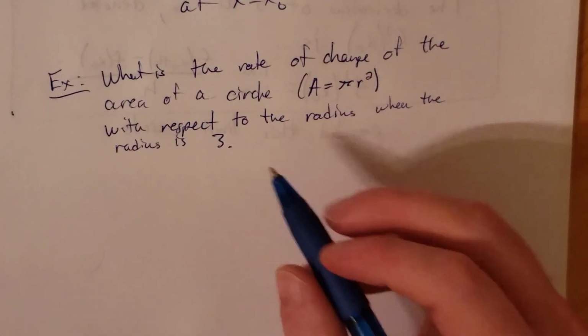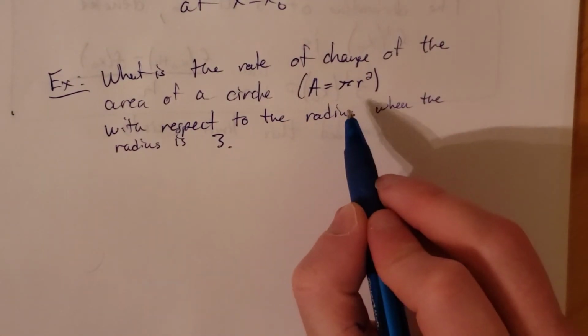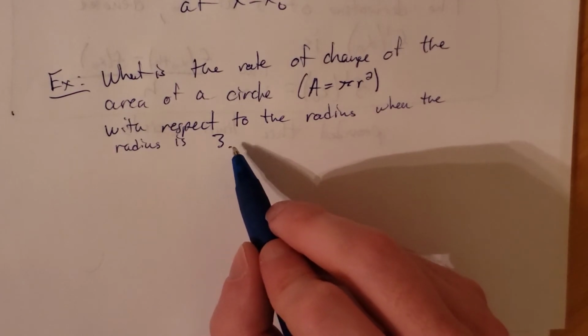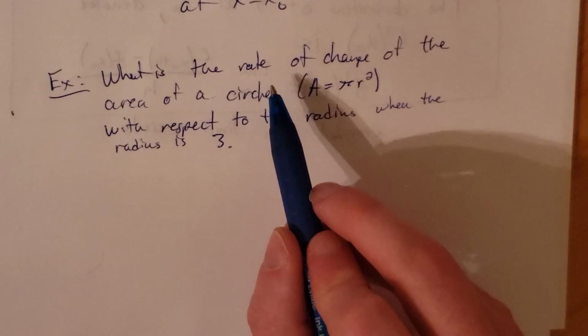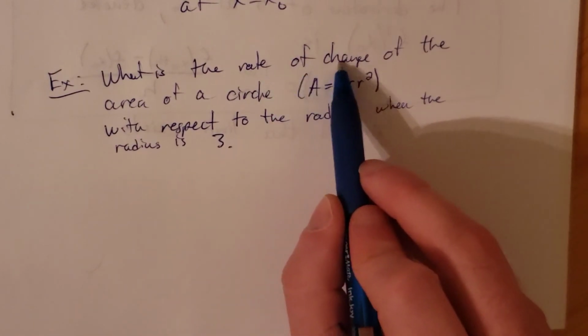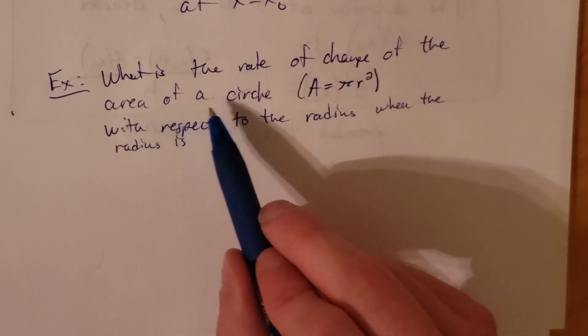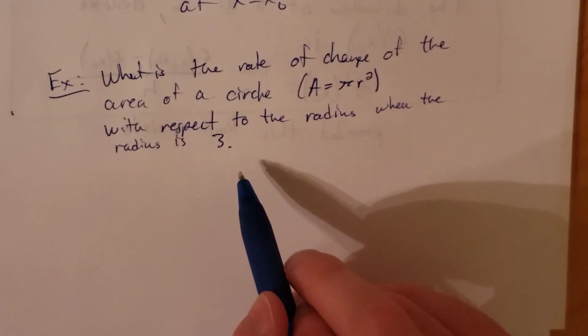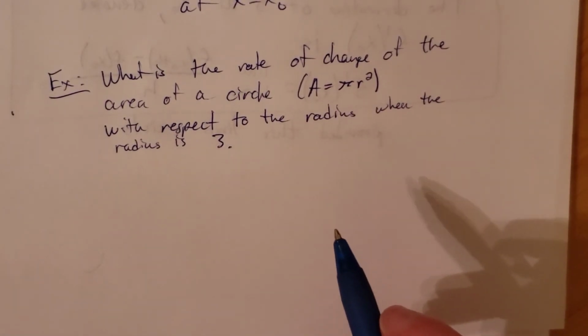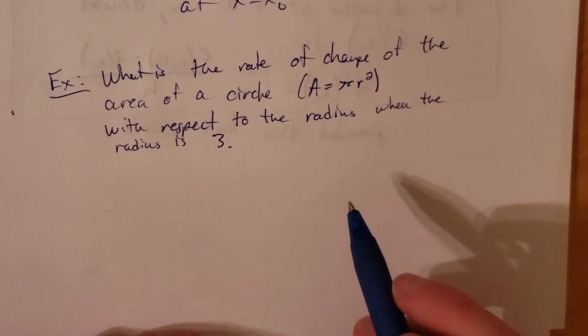In other words, our radius is 3 on a circle, and we want to increase the radius of the circle. Our question is, what is the instantaneous rate of change of the area of that circle as we increase the radius when it is currently at r equal to 3?